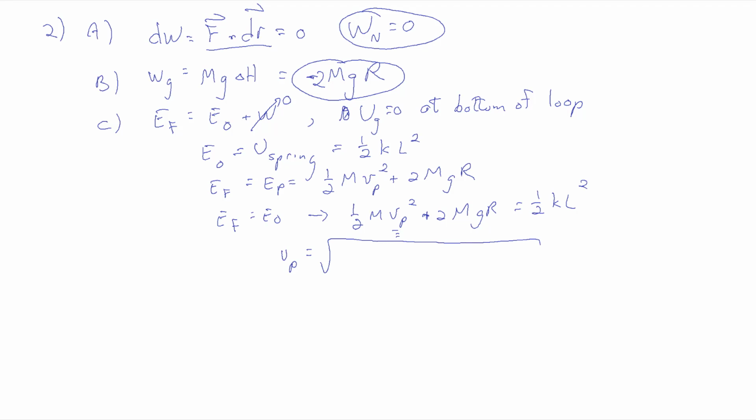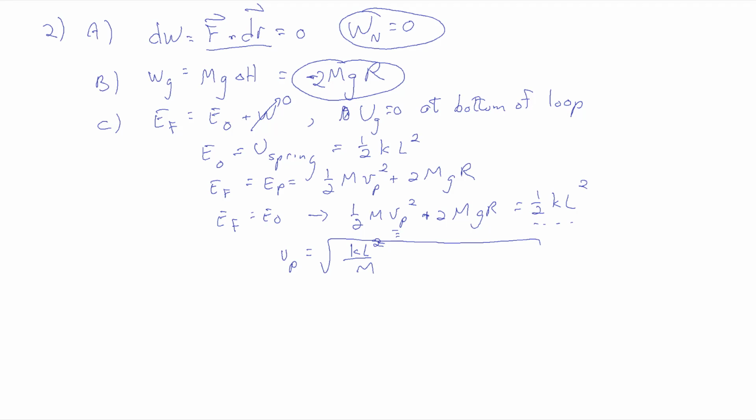So VP will be the square root of, again, multiplying KL squared by 2 over m will get me KL squared over m from this term. And then minus 2mgr. I've got to subtract mgr from both sides and multiply by 2 over m.